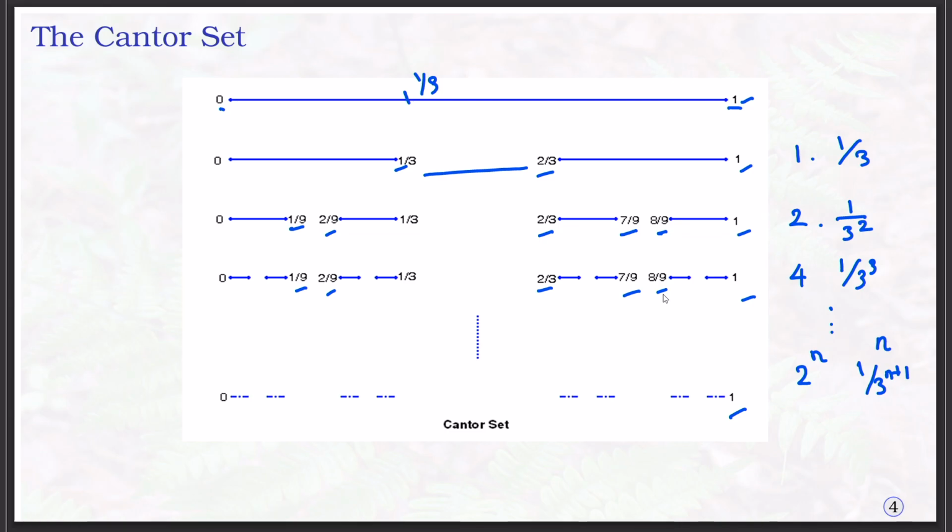So, we are dividing into 3 equal parts and removing the middle part, doing this infinitely many times, and we obtain the Cantor set. Therefore, the Cantor set has infinitely many points.